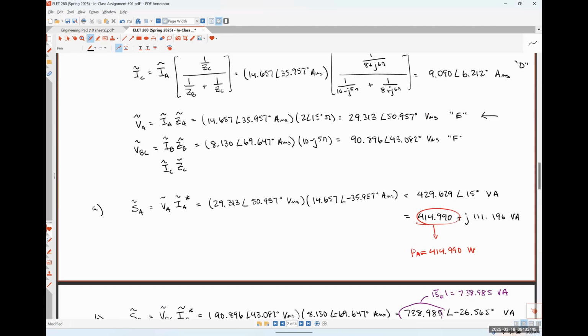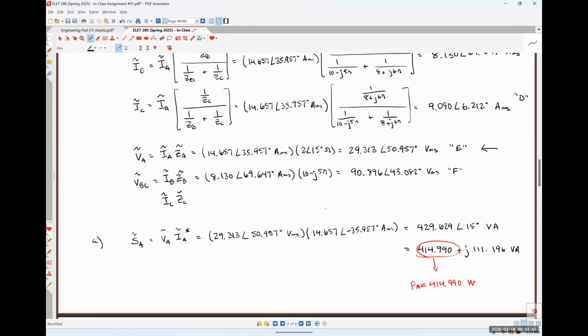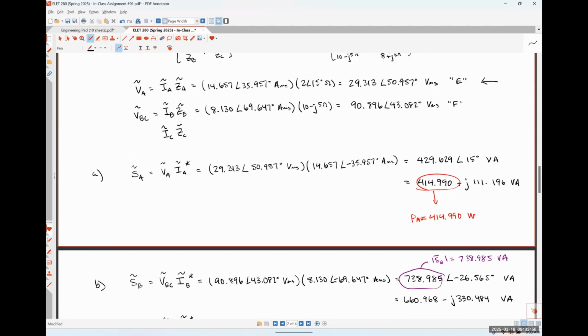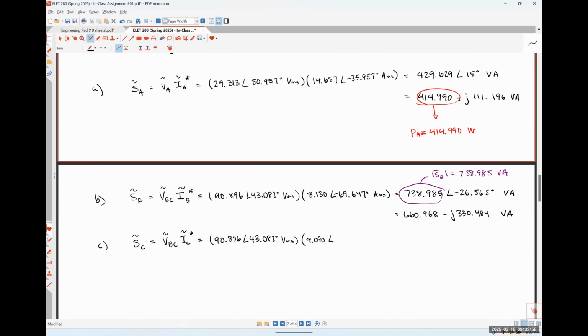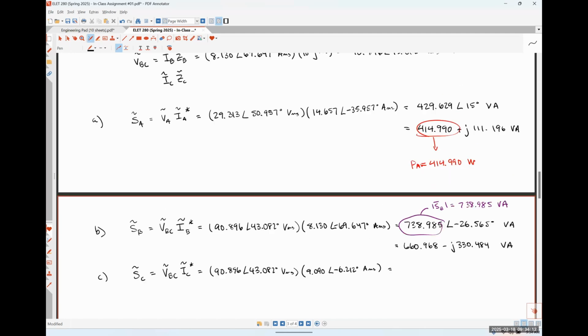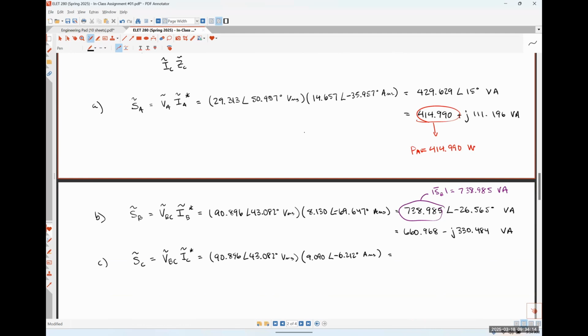And then our current in this case is going to be 9.090 with an angle of 6.212. And I'm going to make that angle negative because I need to do the conjugate. So in my calculator, this is going to be, I think, F times the conjugate of D.